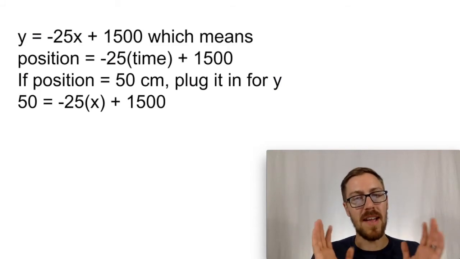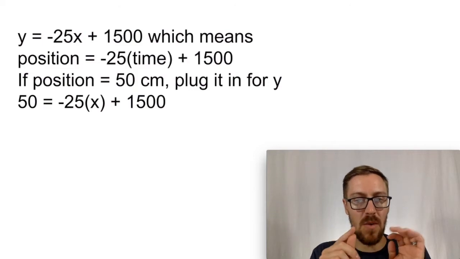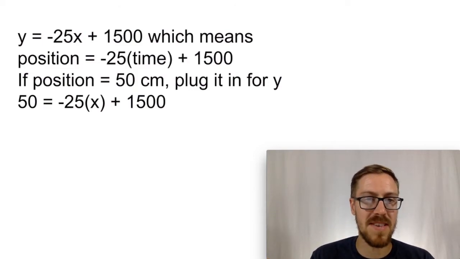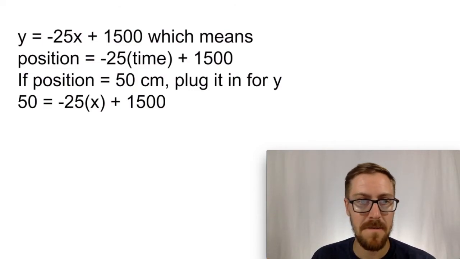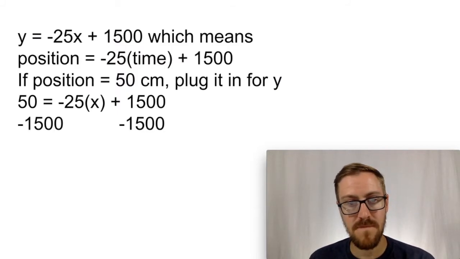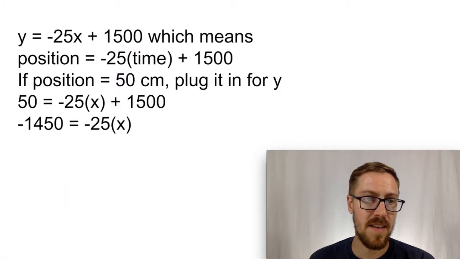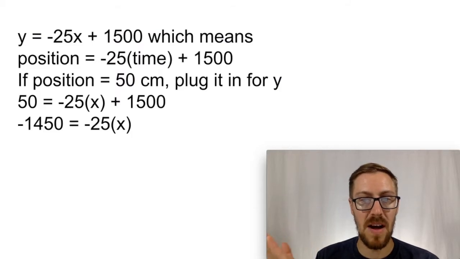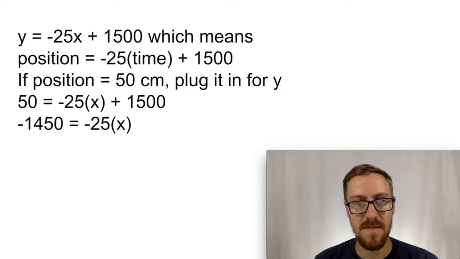At this point, it's just a little bit of algebra. Take away 1,500 from both sides, do a little subtraction first. And when I do that, I've got negative 1450 equals negative 25x. Then divide both sides by negative 25 to get x by itself.